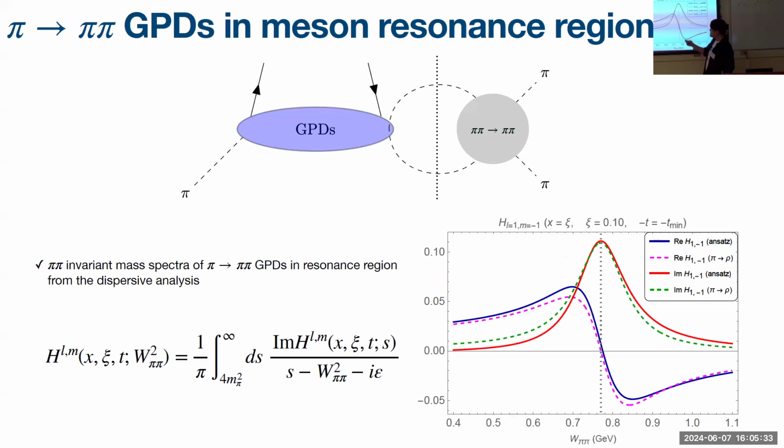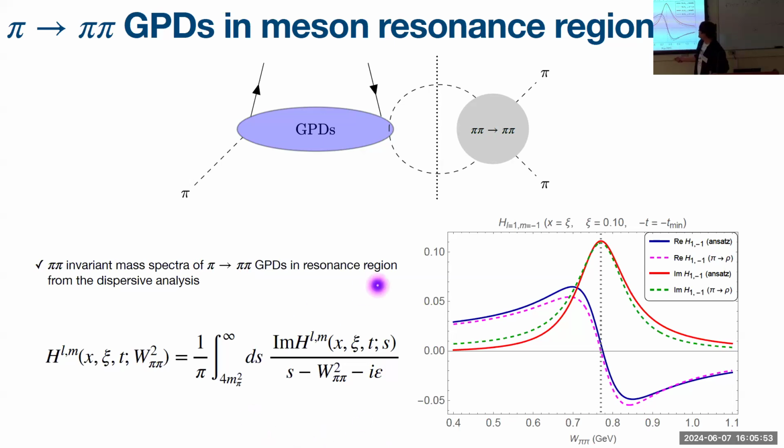Also, in the resonance region, which we are interested in, the imaginary part of the transition GPD can be developed. This is what I want to emphasize: unlike the usual GPD, the GPDs for the hadron to two hadron system can have an imaginary part.